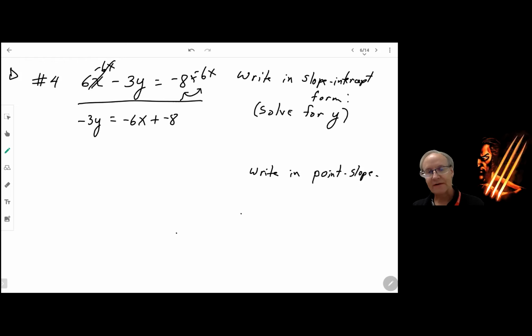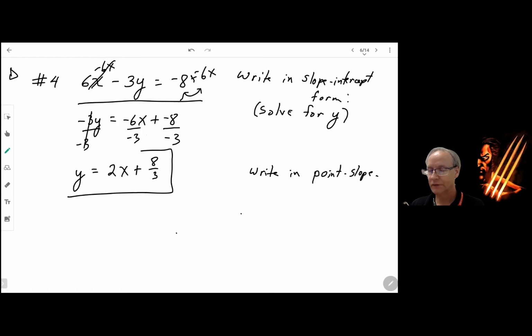Now I can divide everything by -3. It's important that you divide all the terms by -3. And that gives you y is equal to, this -6 over -3 is really 2x. And the -8 over -3 is really positive 8/3. So this would be in slope-intercept form.